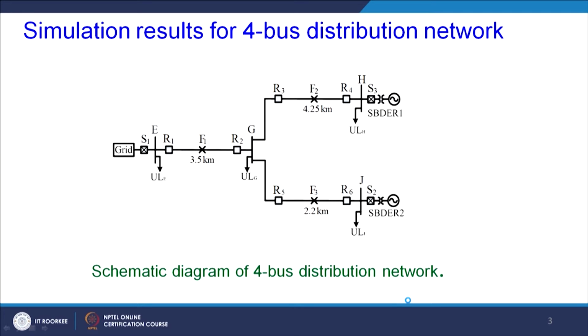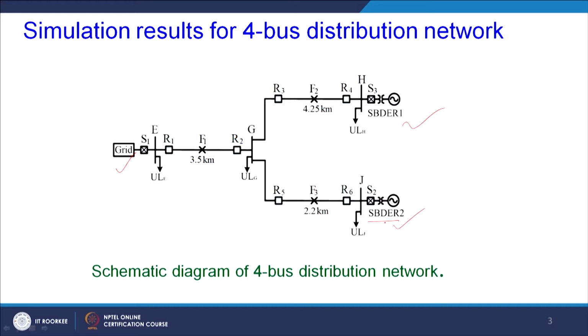Now, to validate this technique, we have taken a 4 bus network. You can see here that this is our grid, this is one renewable energy source, and this is renewable energy source 2, and these two are synchronous based renewable energy sources. SBDER stands for synchronous based renewable sources.